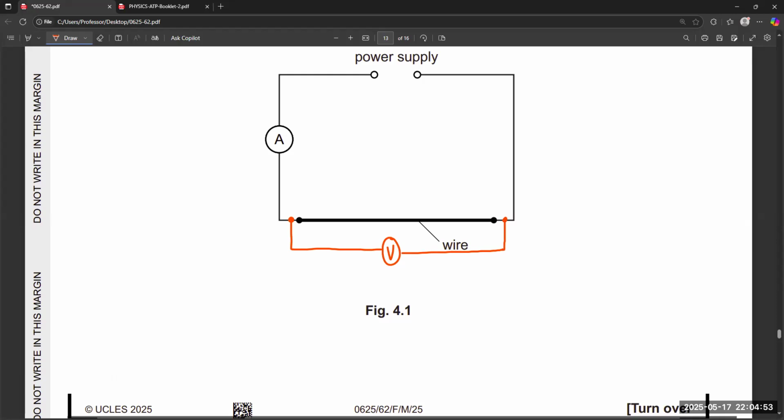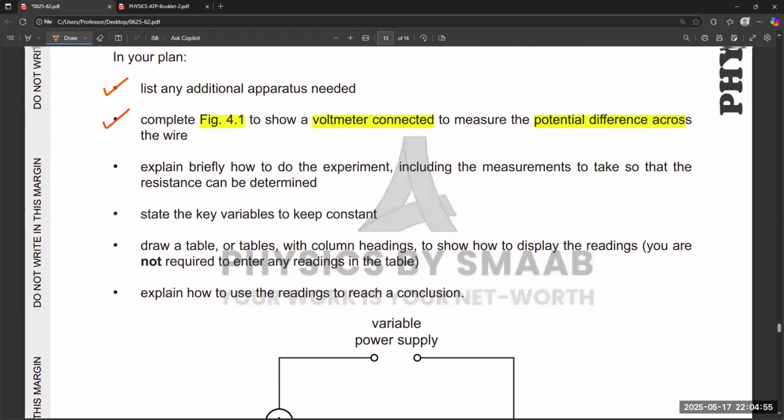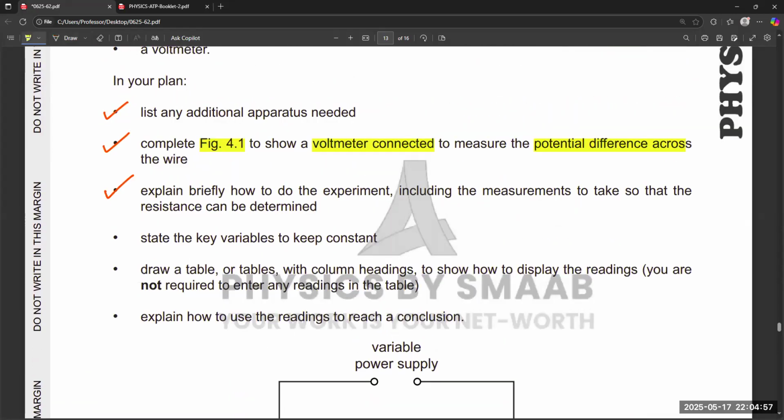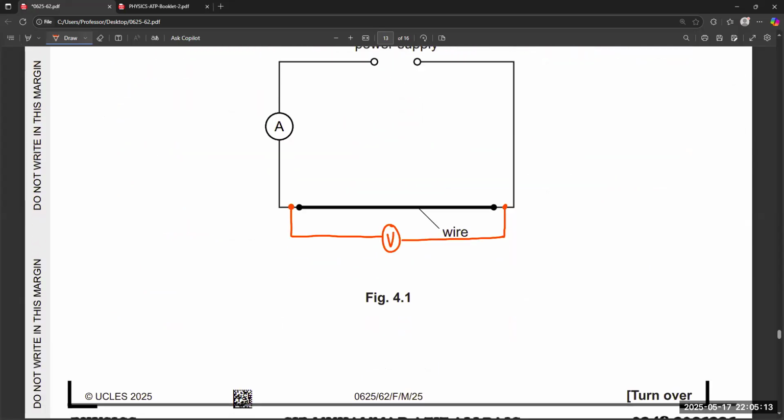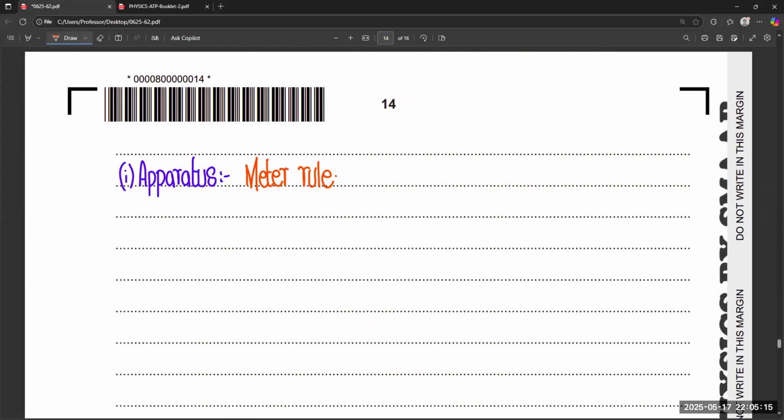Simple. Now explain briefly how you do the experiment including the measurements to take so that the resistance can be determined. So we have to write the procedure. So definitely we select different lengths of the wires. So for the procedure, it is very simple.